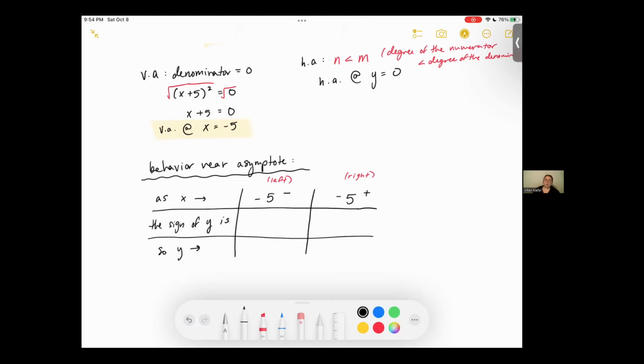When you're incredibly close to -5 from the left, meaning just slightly less than -5, so -5.0001 is what we're considering. Then for the right, this would be something like -4.99999. So those are the values you should be thinking of. Anything along those lines.